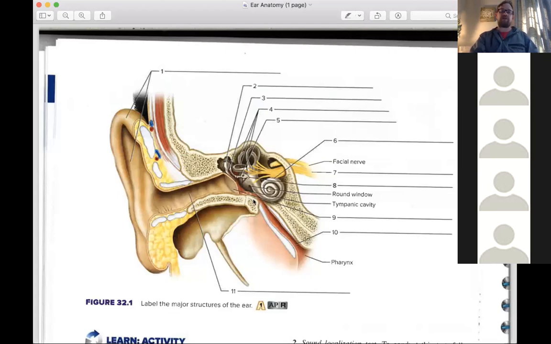You then have this little pocket within the temporal bone right here. This is the middle ear, and it houses a couple small bones that are important for your ability to hear.